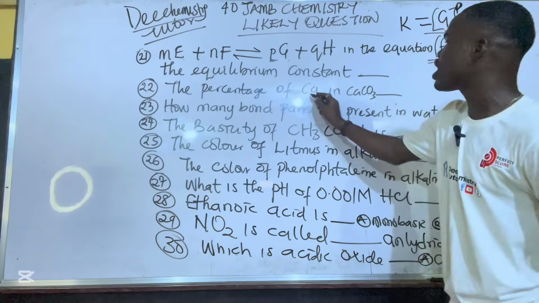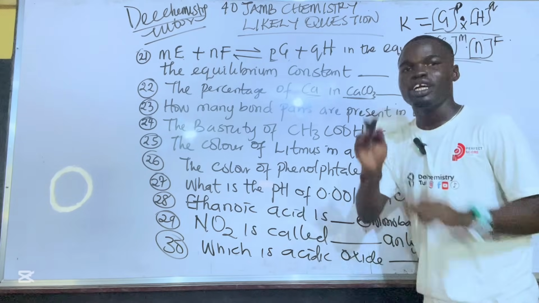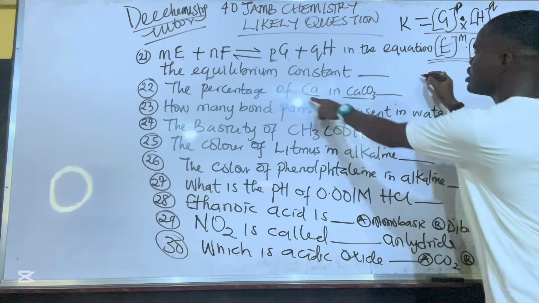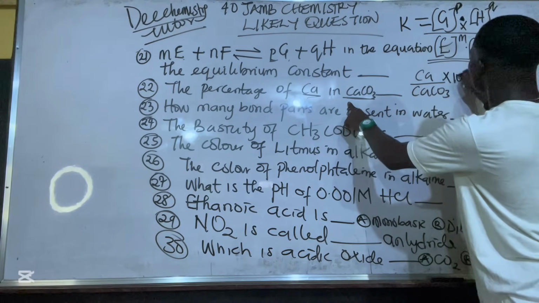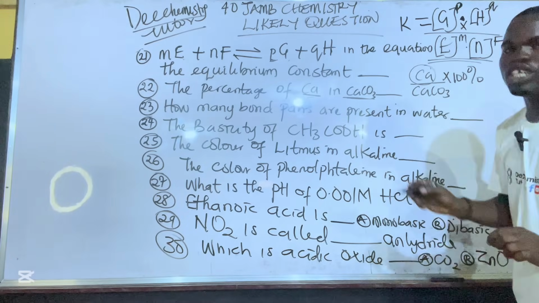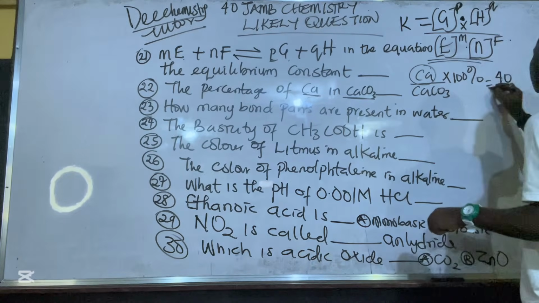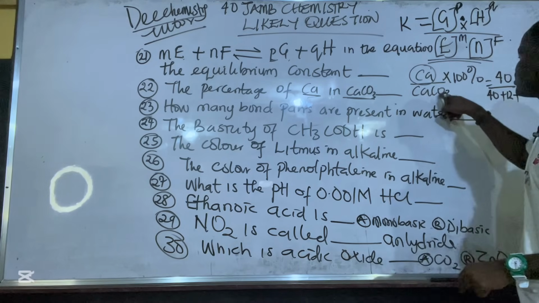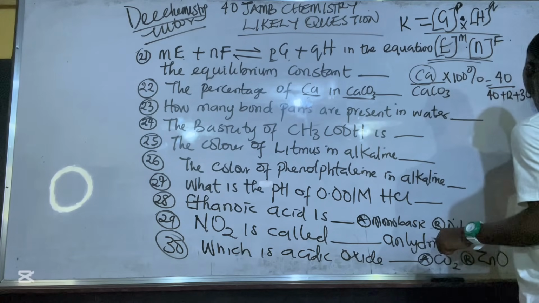Now, the percentage of calcium in CaCO3. You have to understand percentage composition. The only way to go about it is Ca over CaCO3 times 100%. Very easy. That means you must know the atomic mass of each of these elements. The atomic mass of calcium is 40, over 40 plus 12, plus 3 oxygen, that is 3 into 16.